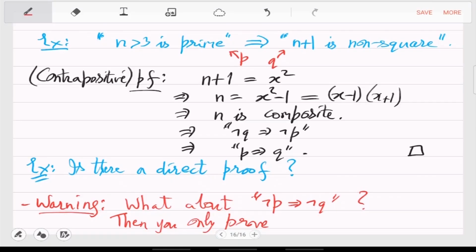Then you show the converse, and you only show that. So you are showing something related to P implies Q, but it's not P implies Q, it's actually Q implies P that you are showing.